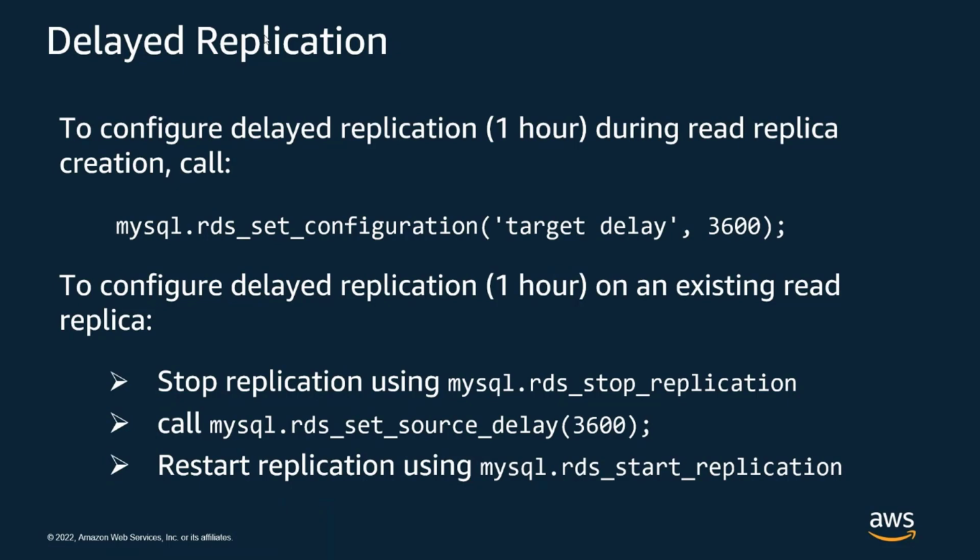Then you can set up a lag on the replica by calling the RDS set source delay, and once again pass it the value of the delay in seconds, 3600 in our example. And then you can restart the replication by calling the RDS start replication procedure. If you have any questions about delayed replication, we are happy to take those in the chat or save them for the end of the session where we'll take Q&A.